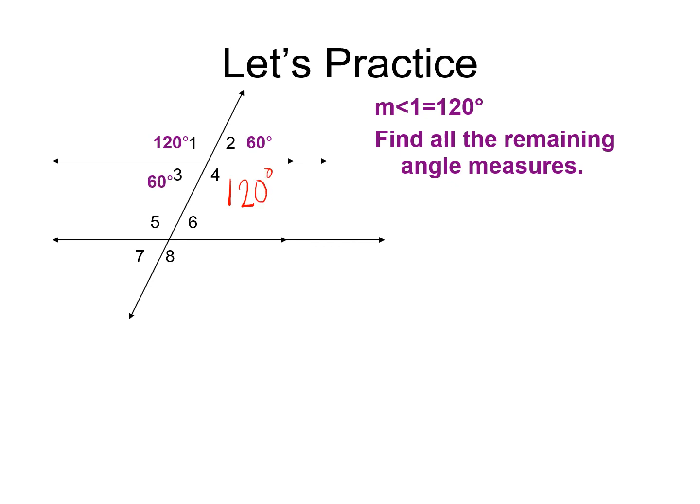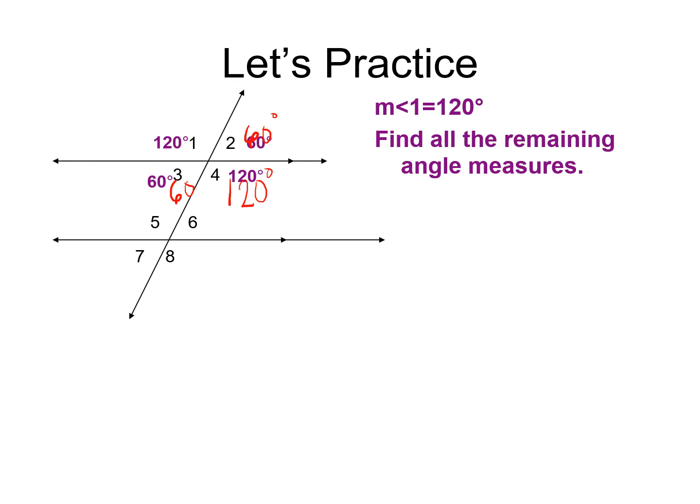Since the measure of angle 2 plus the measure of angle 4 is equal to 180, because they form a straight angle, or what we call a linear pair, angle 2 is 60 degrees. We also have 60 degrees for angle 3.